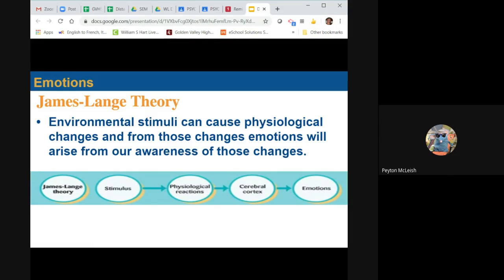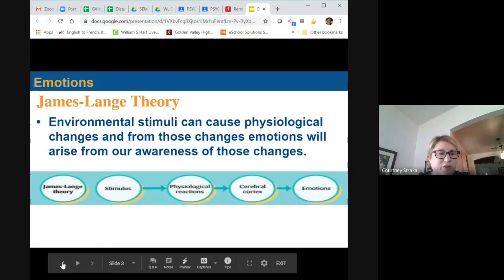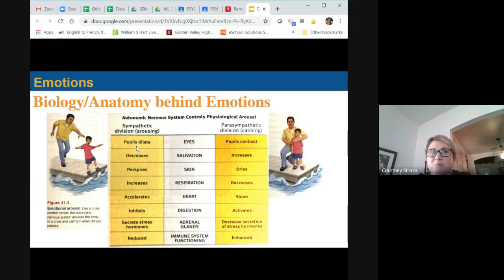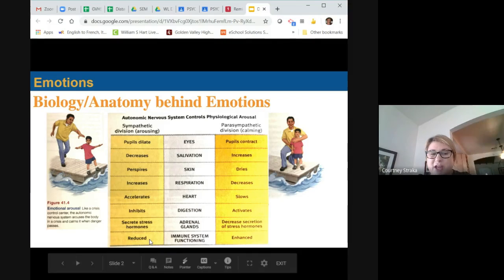Like the stuff that happens in the sympathetic division: pupils dilating, salivation decreasing. Exactly. If I see a big scary dog running at me, snarling, looking like it's going to bite me, my pupils start dilating, I start sweating, my heart rate increases, I start breathing heavier, and I release stress hormones.